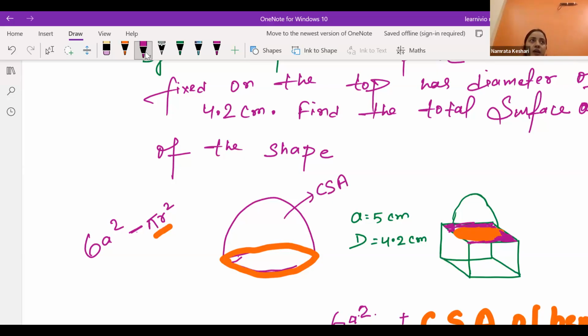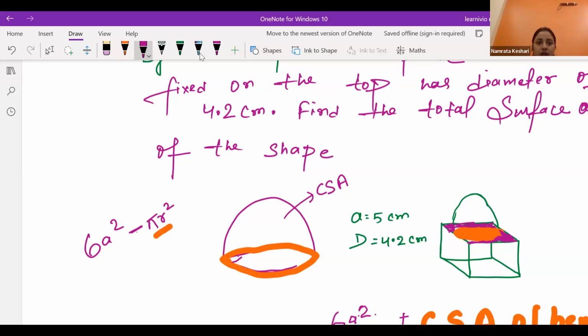That's why I am saying that whenever two shapes are attached together, pasted together, combined together, we will always feel the surfaces. So we will understand which surfaces we are able to feel, and we need to find the area of all those surfaces here. Everyone, is it making sense to you? Yes.